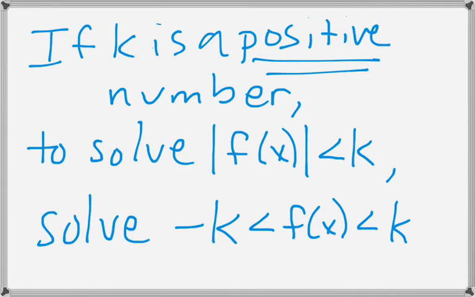We haven't talked about that notation f of x yet, but that just means some expression involving x. So if we have not just x, but some expression with x inside our absolute value, and it's less than a positive number, we're going to translate it into this compound inequality down here.